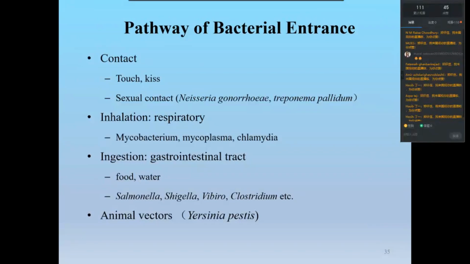And this includes different bacteria like Salmonella, Shigella, Vibrio, and also Clostridium, and they can get into our body through ingestion, and also animal vectors like Yersinia pestis, okay, which can be transmitted through ticks or other animal vectors. Okay, so this is the pathway of bacterial entrance.